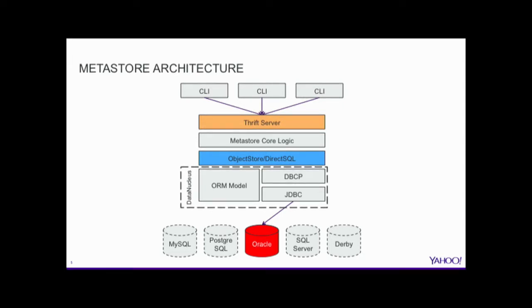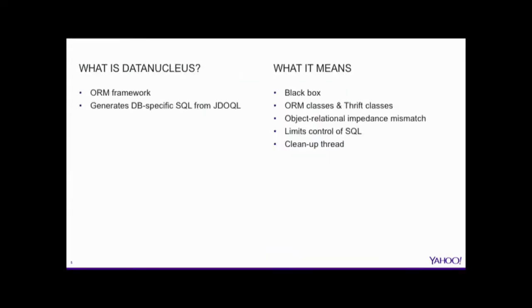The ObjectStore delegates this task to DataNucleus, which is responsible for doing all operations against the database. It uses a model that defines a mapping between the in-memory objects inside the Java JVM and how those objects should be serialized into storage in the relational database. So these are the components that we're interested in talking about today.